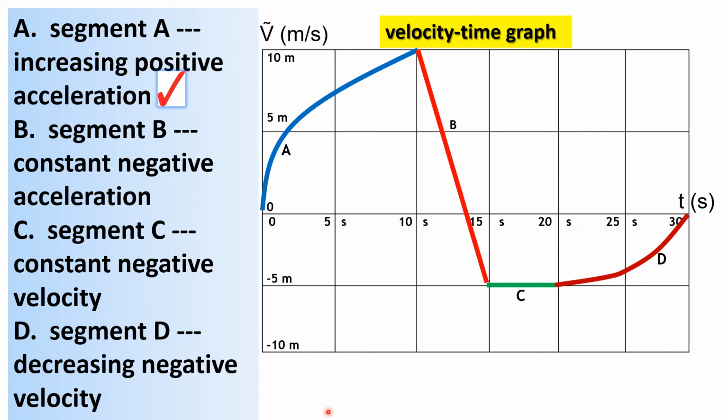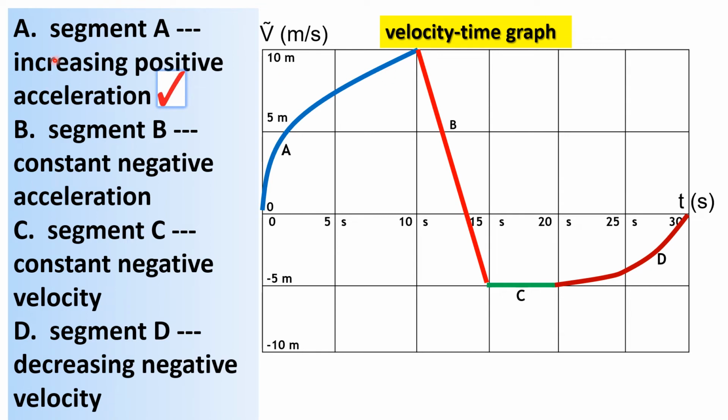Why? Increasing. Does the steepness of the graph line suggest an increasing value for the slope? It is positive because all the values for velocities here above zero are positive.